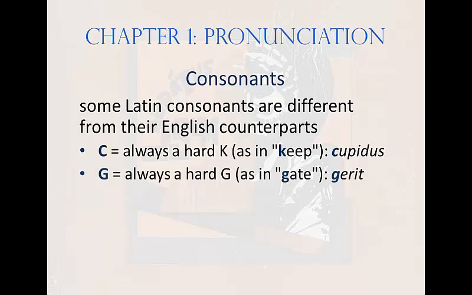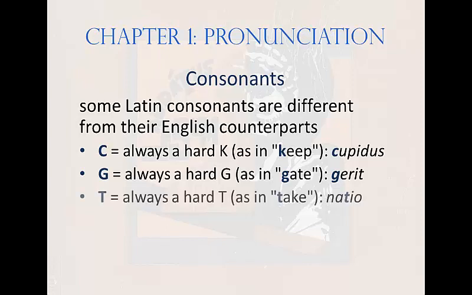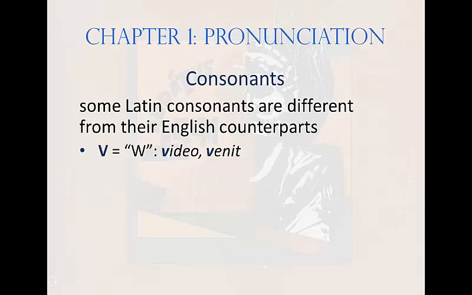For instance, Garrett. T is always hard also, as in take. For instance, natio. The Latin consonant that will probably seem the most different to you is V, which is pronounced in Latin like our W, as in video or wenit. It will take some time for you to adjust to this pronunciation.